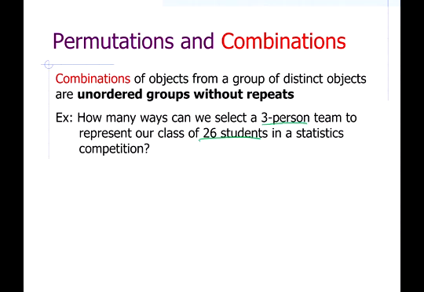So we're picking a small group from a larger group with no repeats, but the key word here is team. It's just a team. It's just 3 people, no ranking, no hierarchy, no specific offices.